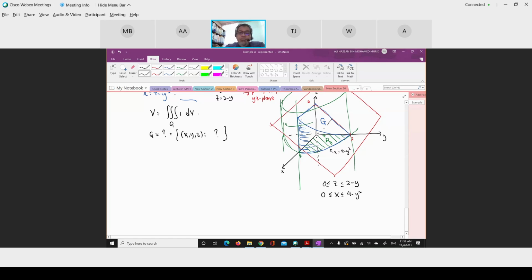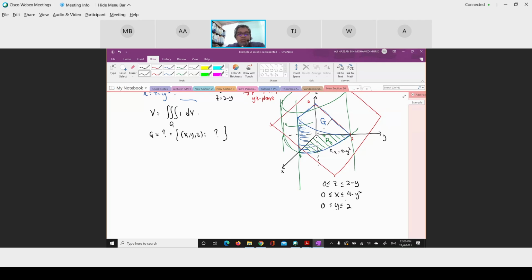And y must be bounded by numbers: y is between 0 and 2. With the help of the sketch of the region G, we can determine the bounds for x, y, z. Otherwise, without the sketch, how would one determine the bounds?